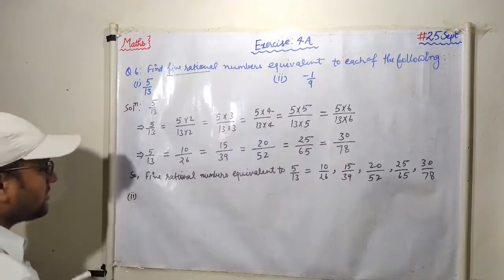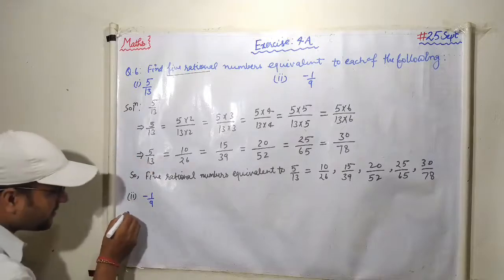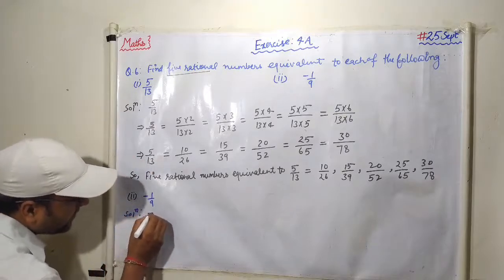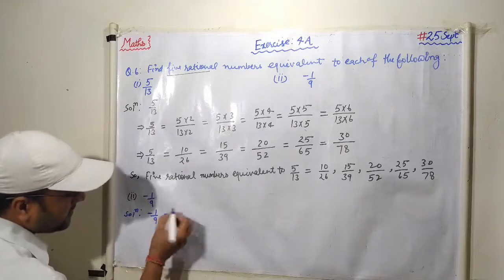minus 1 upon 9. Same procedure, I am going to repeat this one. Solution: minus 1 upon 9. So here I am going to do this.